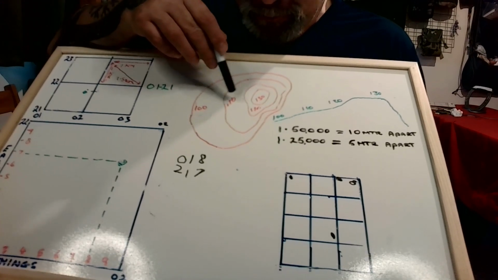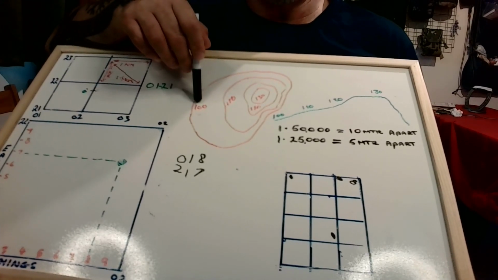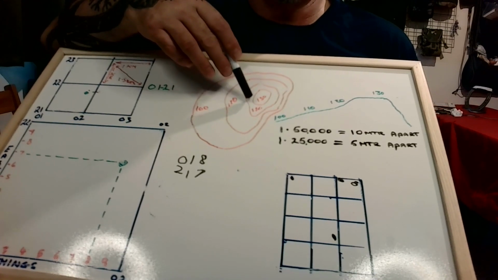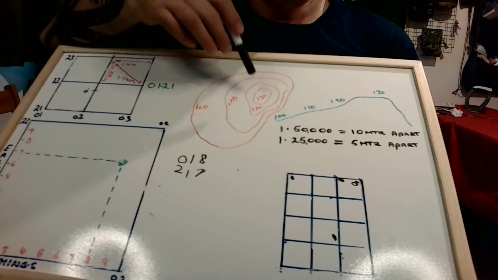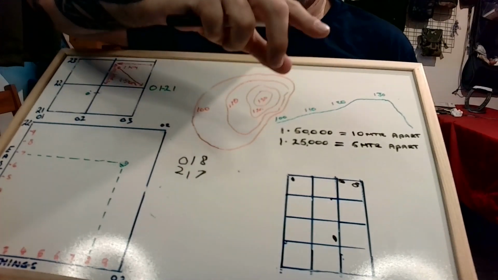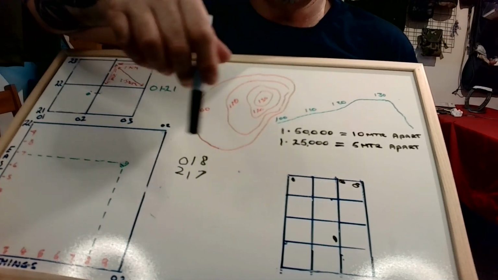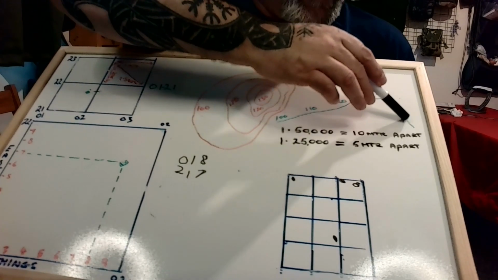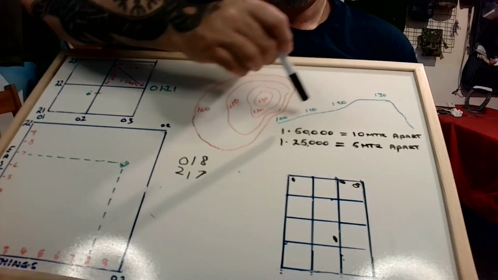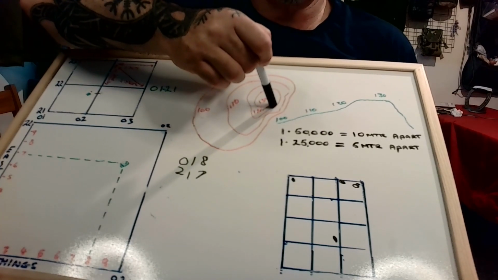The height is measured off on them, and as you can see there, 100, 110, 120, 130. So if you draw a hill from above, looking down, using a series of concentric rings, where you have a steep slope, the lines are going to come closer together.